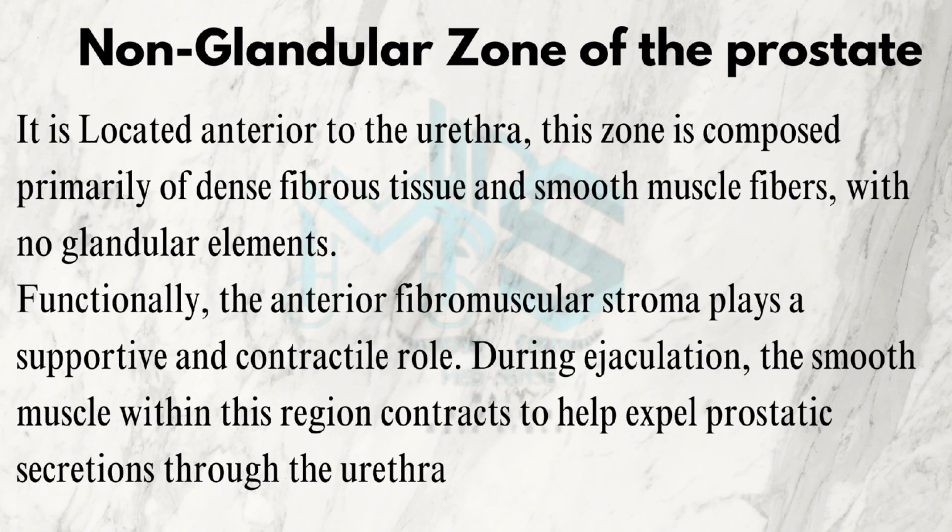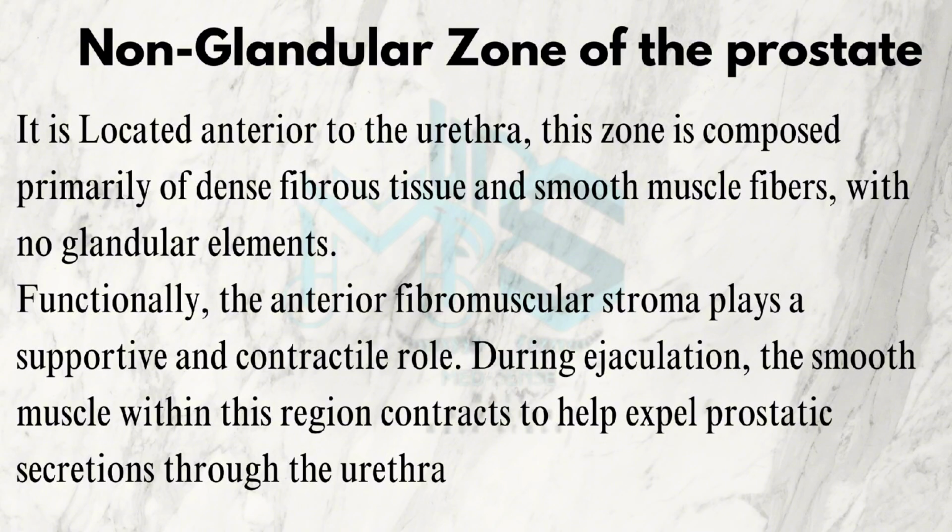For the non-glandular zone of the prostate, it is located anterior to the urethra. This zone is composed primarily of dense fibrous tissues and smooth muscle tissue fibers with no glandular elements. Functionally, it plays a supportive and contractile role. That's the major function.